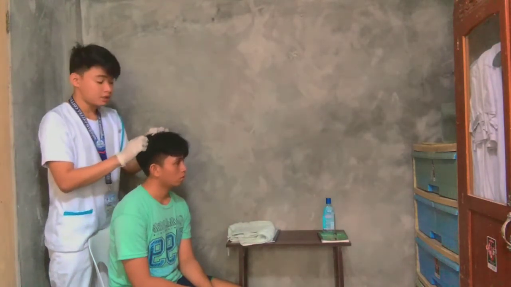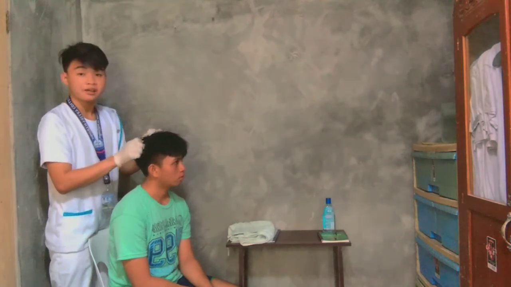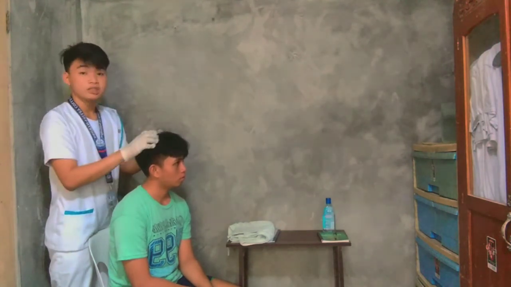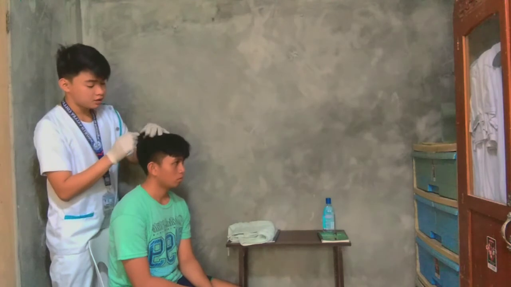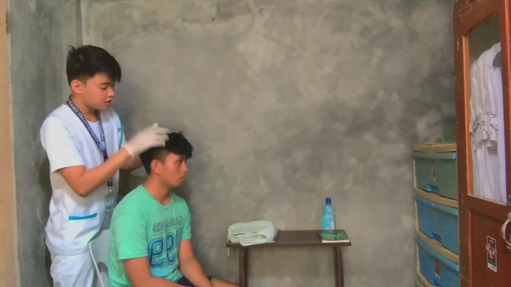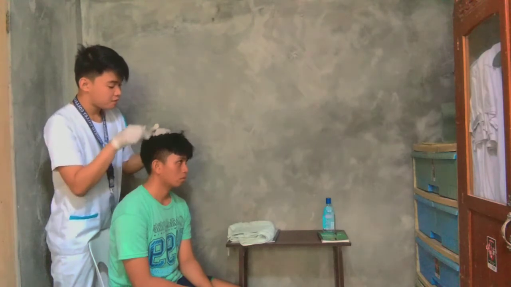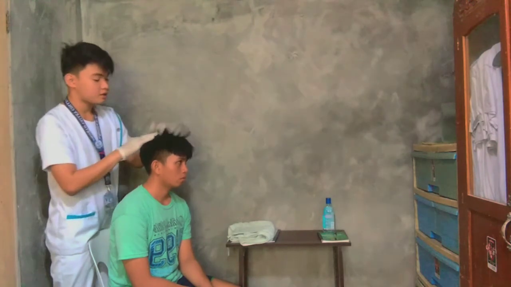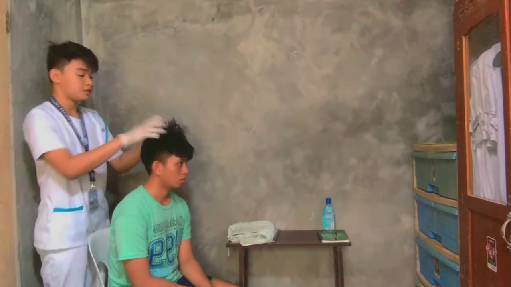As I am inspecting the client's hair and scalp, there is no problem, because there is no dryness and no oiliness. The hair is clean, and healthy, as you can see.